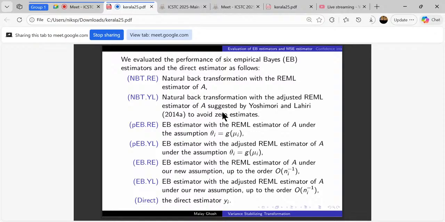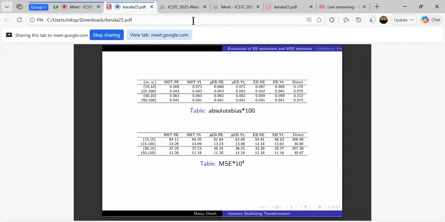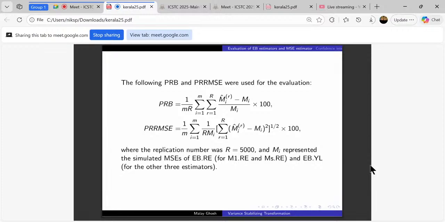Now, next slide. If you can see it, the last two columns are ours. Not the last two: direct estimate, EBYL and EBRE are the empirical Bayes estimates. The one we have proposed, we evaluated in a simulation against the quote unquote truth, looking at the relative bias, the relative MSE, and so on.